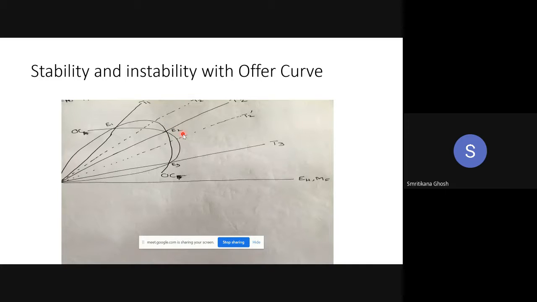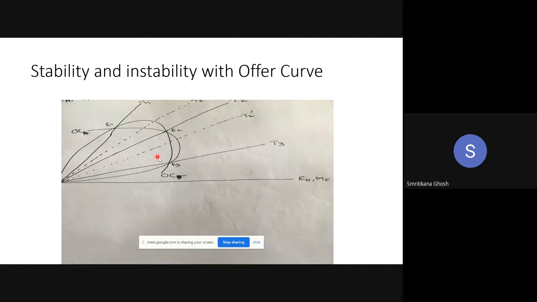The same thing we will do. We just take one terms of trade which is below the T2. This is my mistake of taking the snapshot. The diagram should be a little lower. But anyway, look at this terms of trade T2 dash.